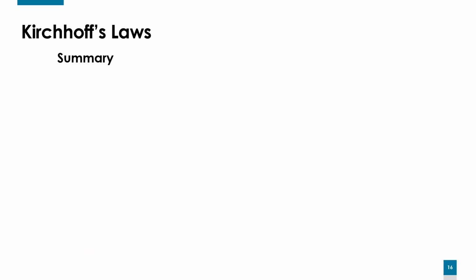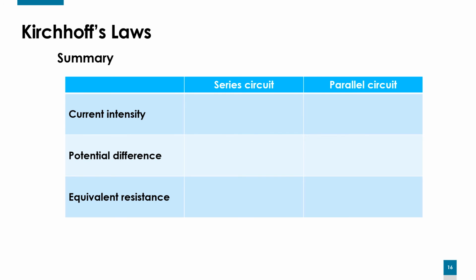So in summary, this is the main information you need to know to do the exercise. I'm going to do the exercise in another video. So in summary, my current intensity in a series circuit is the same everywhere. In a parallel circuit, the currents are the sum. My potential difference in a series circuit is the sum.